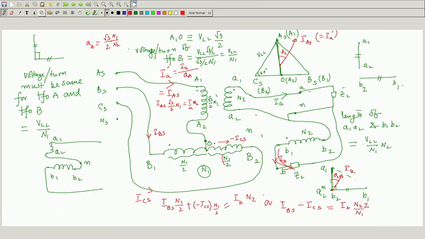Is it? This is crucial. This is the thing we get.